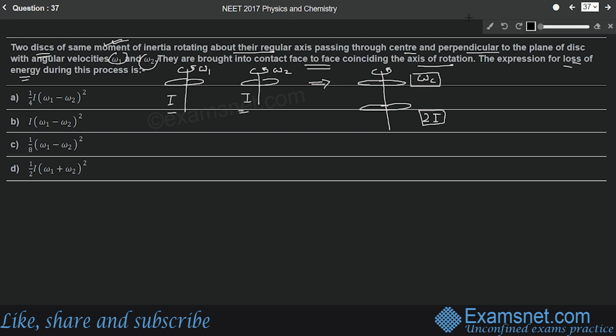Now we know that no external torque is being applied here. So external torque is 0 and the angular momentum will remain constant. That means the total initial momentum will be equal to the total final momentum.